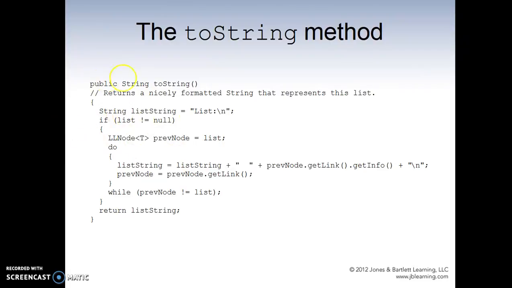So we set previous node equals to the list, and the list now is actually pointing to the tail, right? Then we do previous node.getLink, which gets to the head, and then get info. Then we start at the head and keep doing get link, moving your previous node, and loop until it's not equal to the list. Because when it's equal to the list, that means it has gotten to the tail, and return the list string.